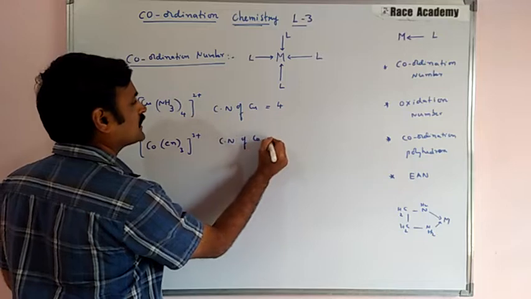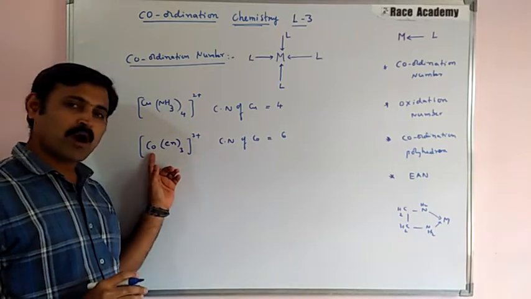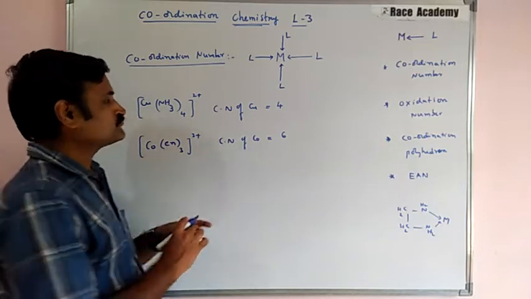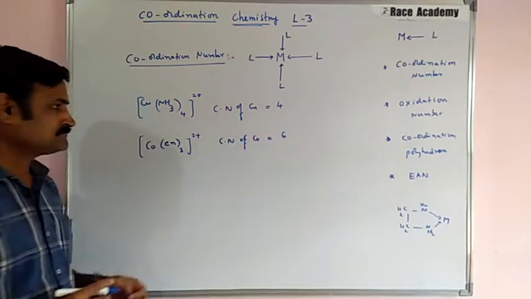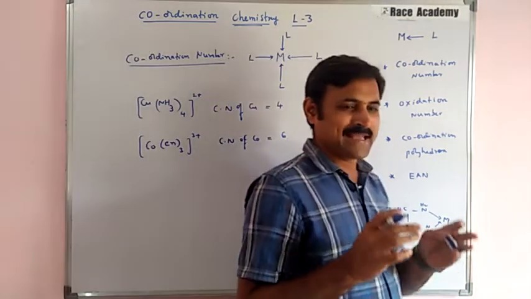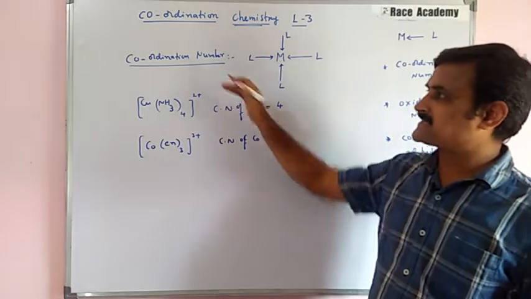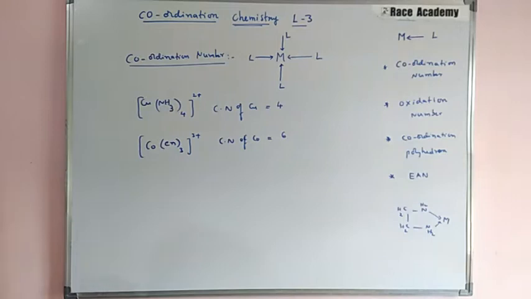The coordination number of cobalt in this complex is 6, because around cobalt there are 6 nitrogen donor atoms. We should be very careful about the type of ligand attached to the central metal in deciding the coordination number of the complex. Hope you observed these two examples and have got clarity.